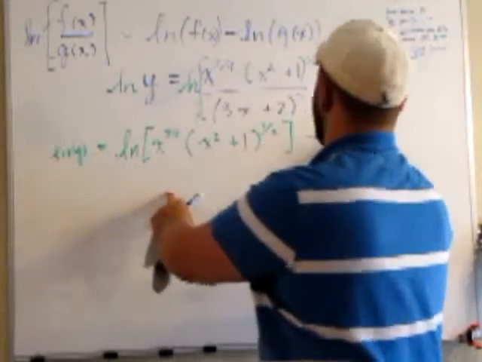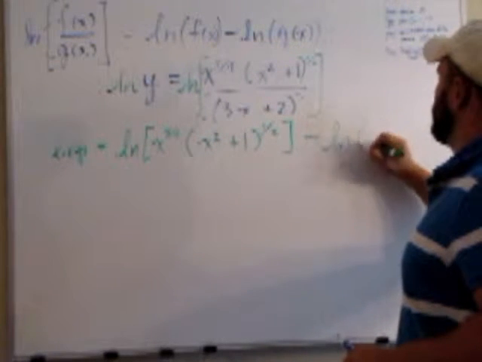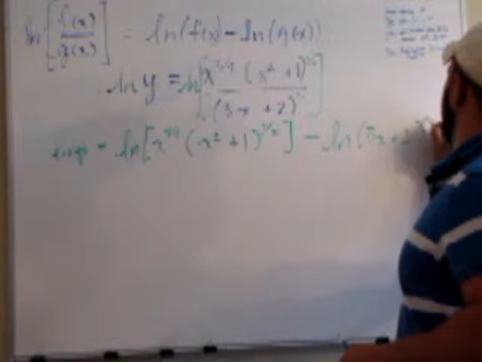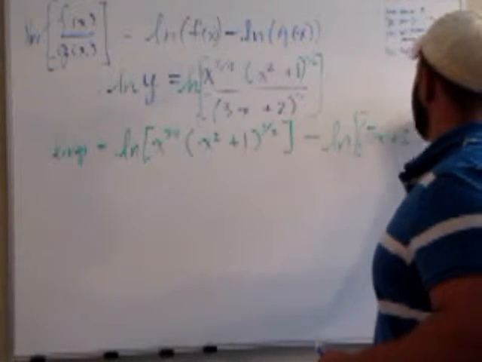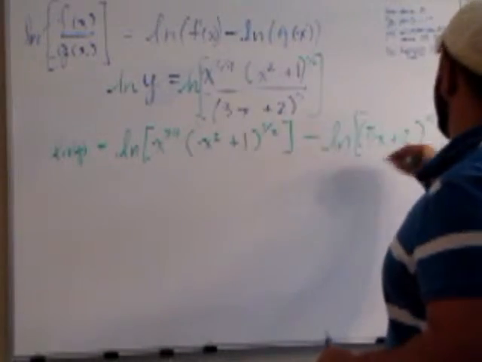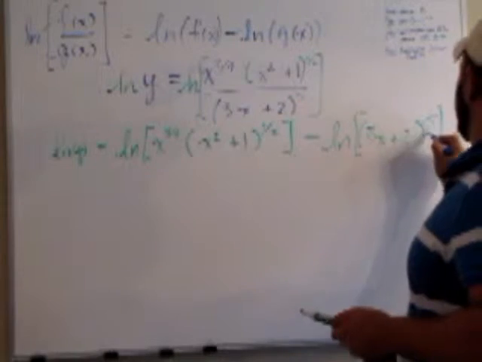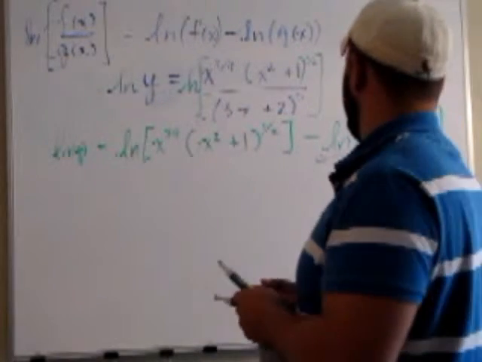And then that's minus. We got to bring our ln over according to our rule, ln of 3x plus 2 to the 5th power. Now, according to our Schlitterbahn property, we're going to bring this down the water slide over here. Sounds cheesy, but whatever.